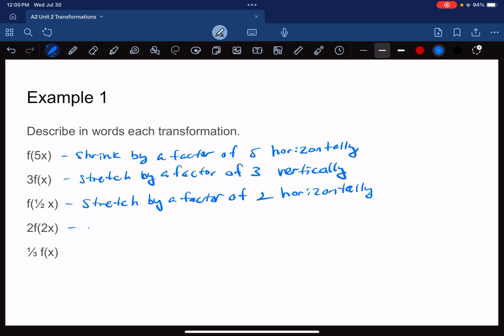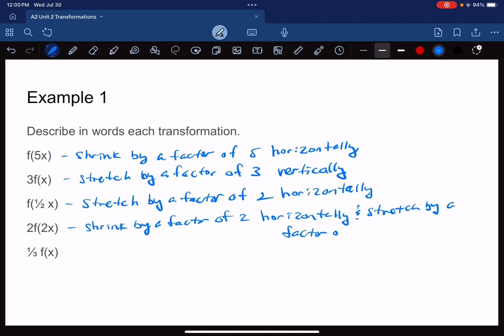It's on x, so it's going to shrink by a factor of 2 horizontally, and stretch by a factor of 2 vertically.